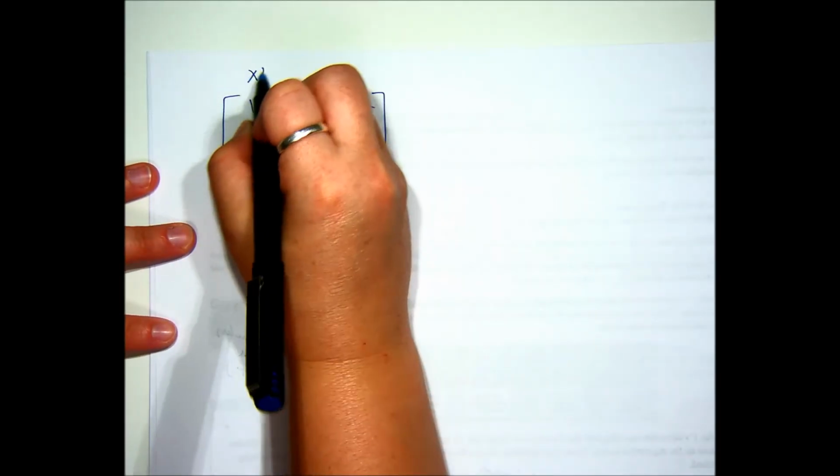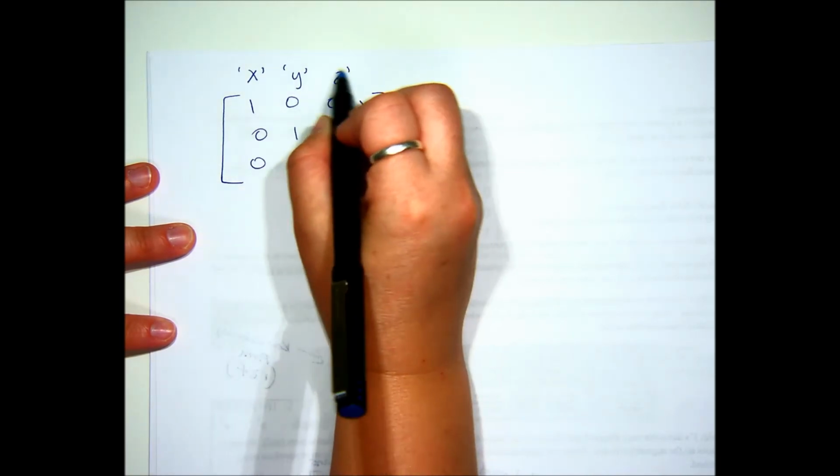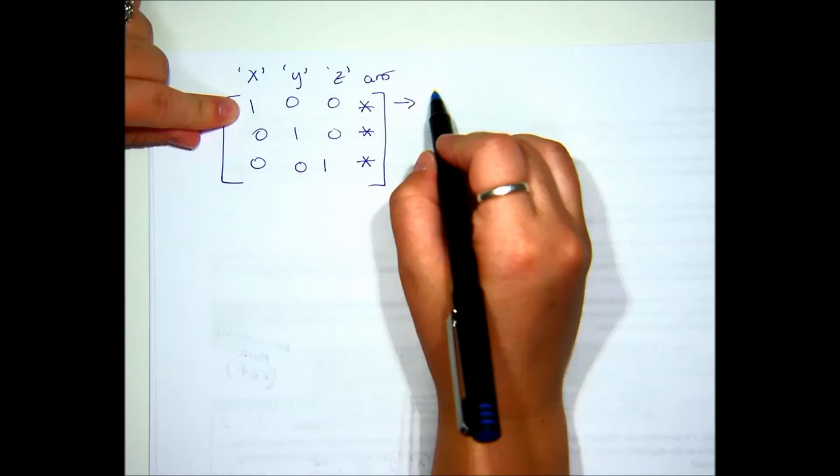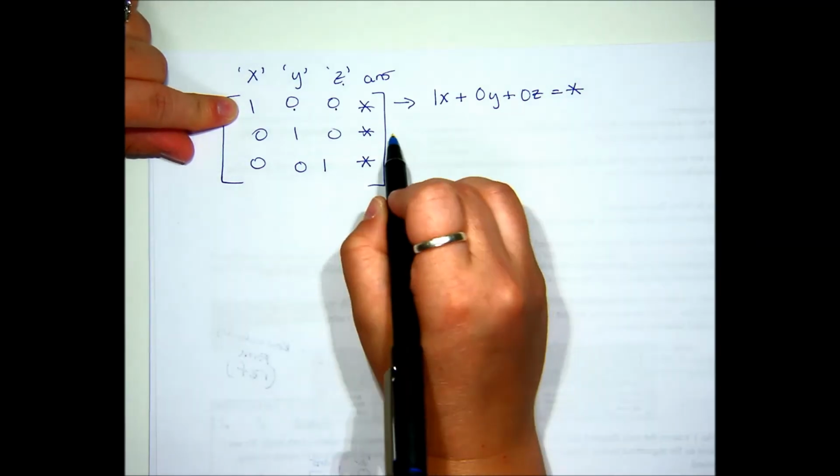Now, again, this is your so-called X, this is your Y, let's say that's your Z, and your last one's always your answer. Now, for this row, what does it mean? I have 1 X plus 0 Y plus 0 Z equals some number. What does this row mean?